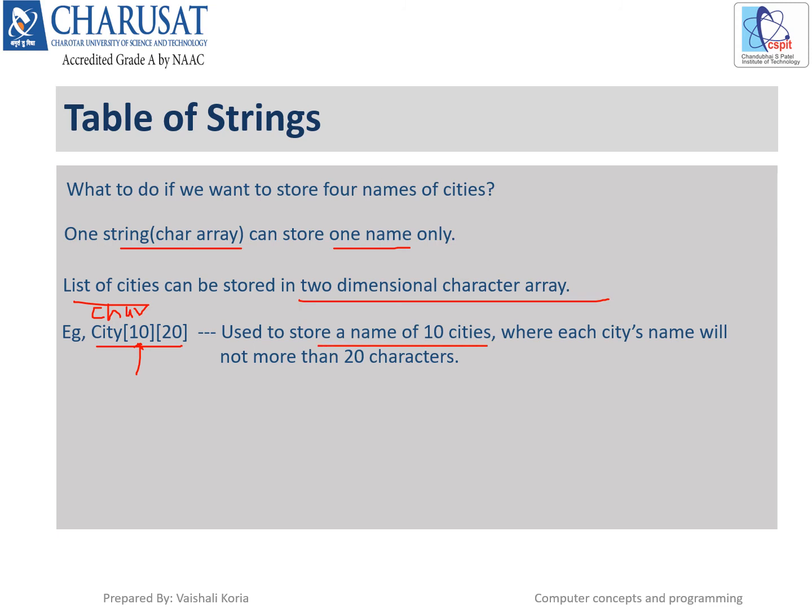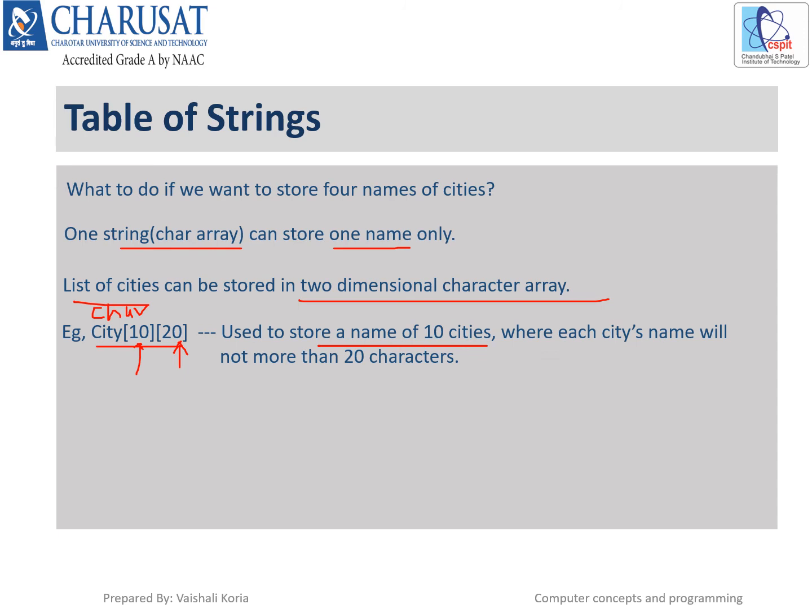So ultimately this 10 is the number of strings that we can store in the city array. The second dimension size 20 is the length of each string, so that many characters you can store in each string. So this city array is used to store the names of 10 cities, where each city's name will not be more than 20 characters.